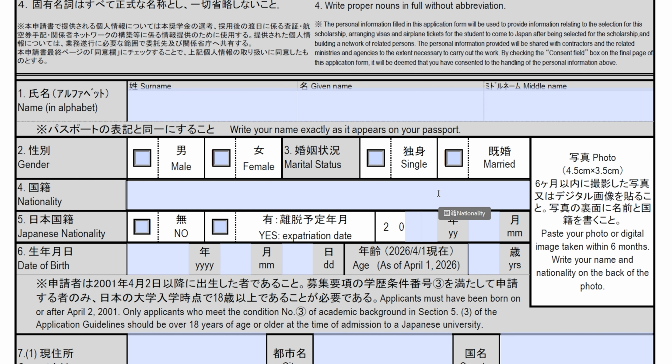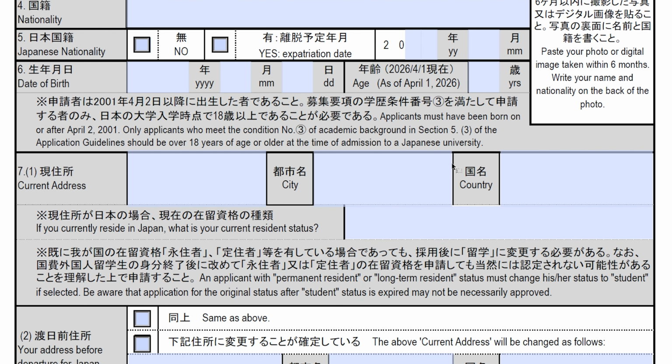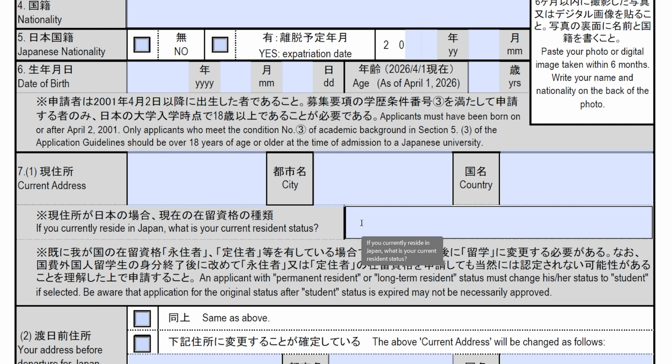Okay, so now that we have talked about that, you need to show your nationality, your current address, the city you're living in. If at the time of application you are already in Japan, it means you have to put here your current residence status. So last time we already discussed visas.